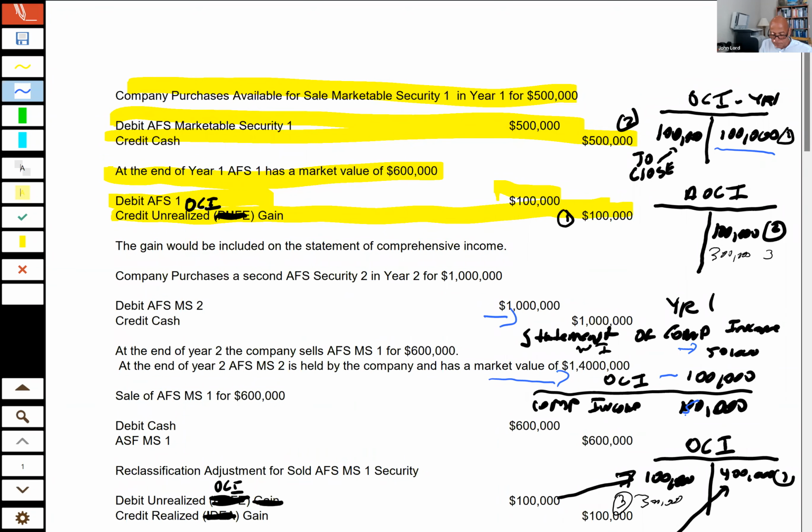Then Becker does a good job translating it into English for us, which is, e.g., previously reported unrealized gains on available for sale securities that were realized during the year. In other words, you have to class it out of other comprehensive income by debiting the other comprehensive income and crediting the net income or the realized gain that's reported on the income statement, okay?